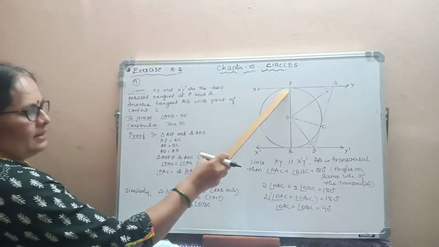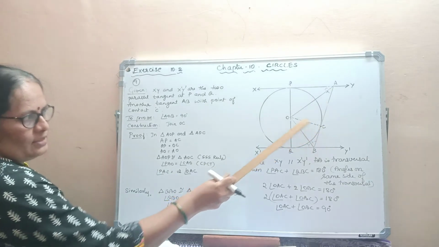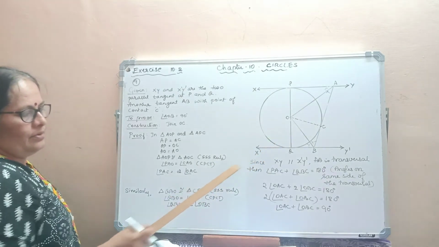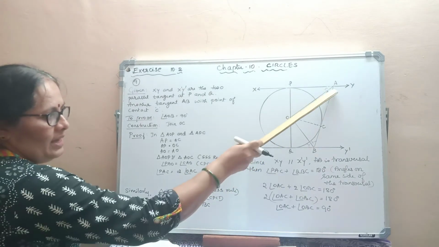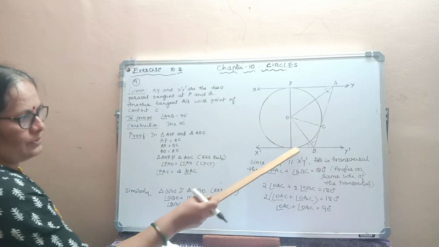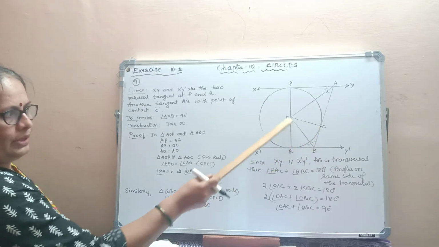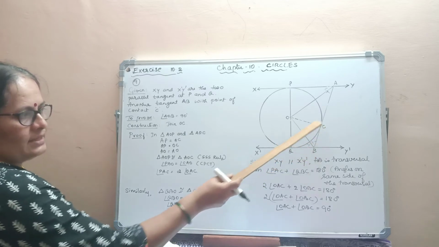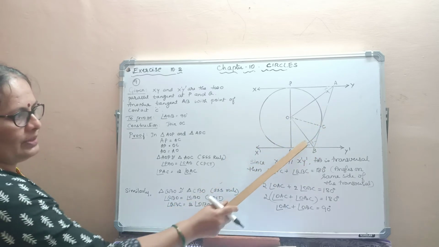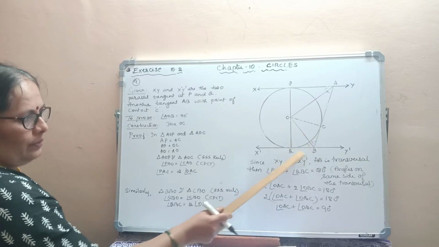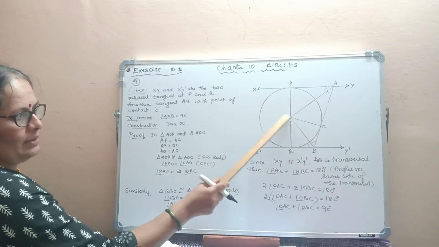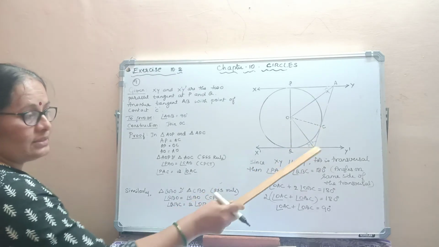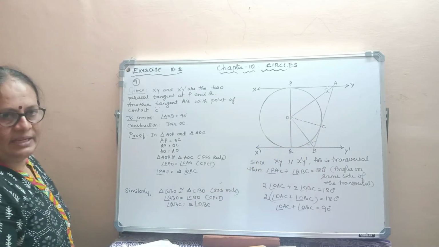Then angle PAC is twice angle OAC. Similarly, in quadrilateral QBCO, OQ equals OC, OB common, and QB equals BC. So by SSS congruence, these two triangles are congruent, then angle QBO equals CBO by CPCT. So angle QBC is twice angle OBC.